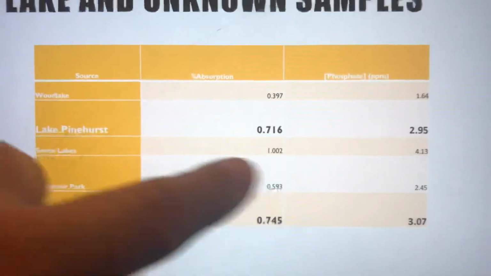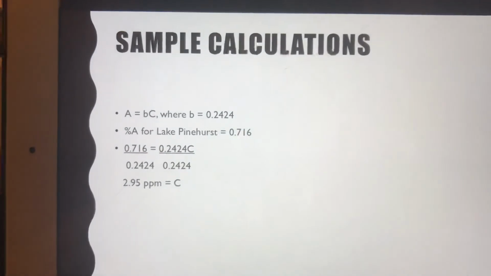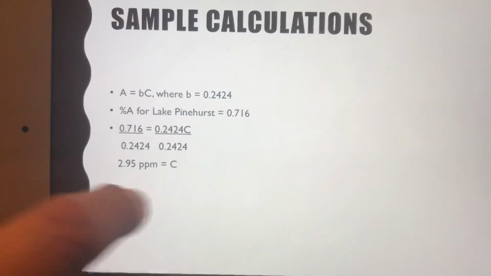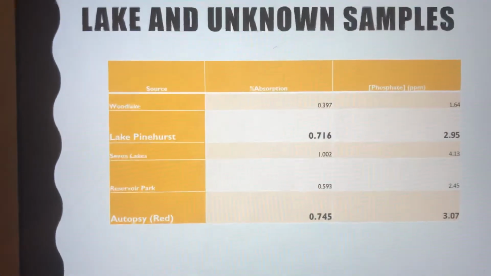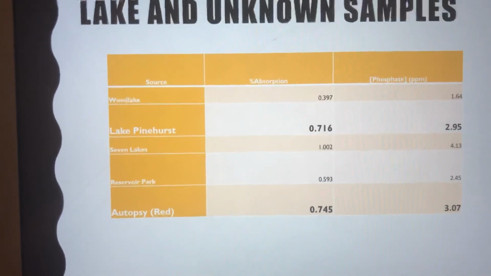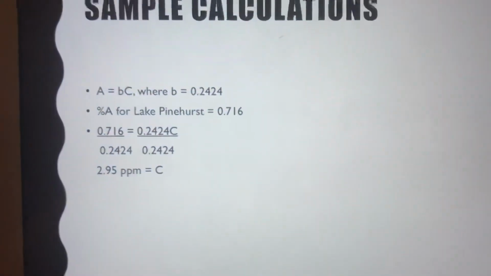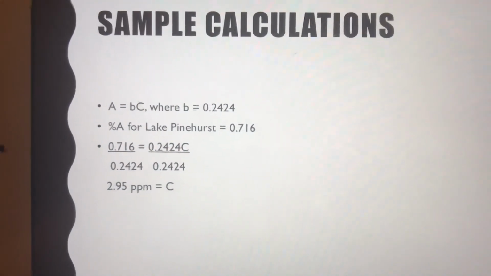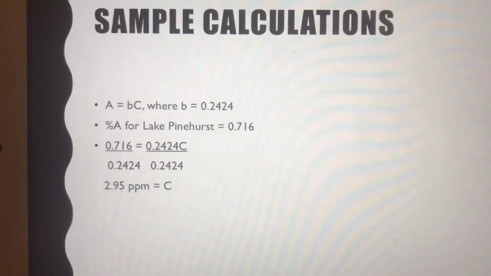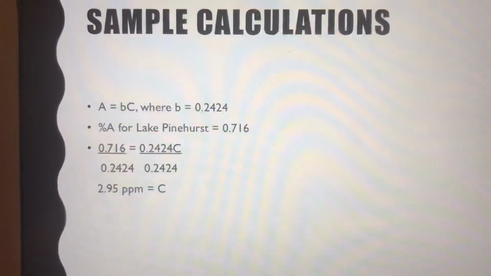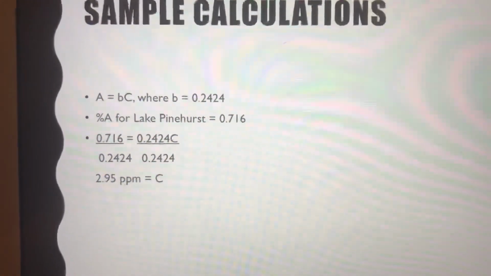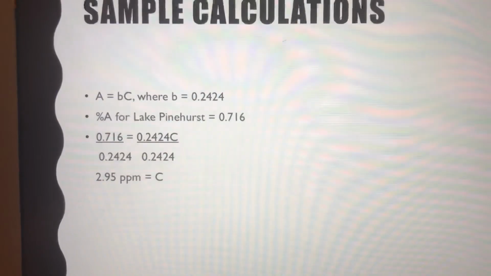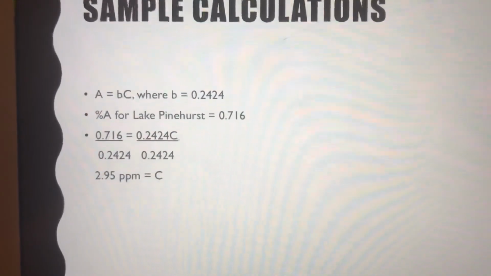So let's skip over to calculations here. A sample calculation. Because I suspect it's Lake Pinehurst, see that absorbance A is 0.716. A equals B times C. So A is 0.716, and our proportionality constant as determined by the calibration curve, the slope of that line, is 0.2424.